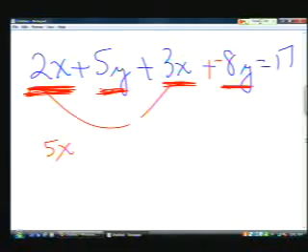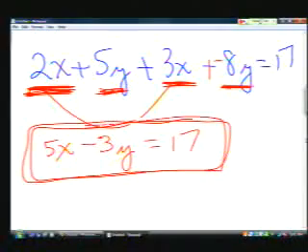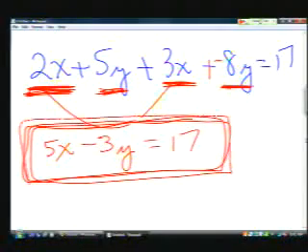So we have 5y plus a negative 8y is a negative 3y, which is the same thing as plus a negative 3y if you like. Anyway, there's a simplified form of this equation. Now this equation, if we graph this with ordered pairs, actually graphs as a line, and we'll talk more about that later.